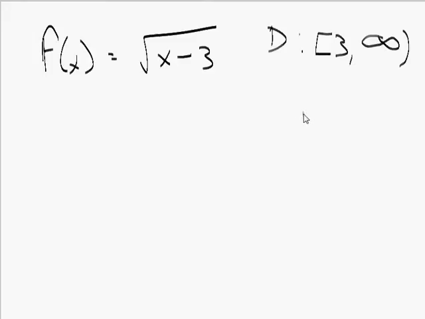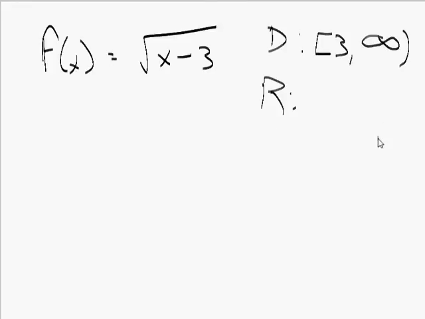Okay, range. We know the lowest value of our range is 0. So would it be 0 in brackets, 3 in brackets? But that implies that it's everything between 0 and 3, and that is not right. It's everything between 0 and what? 0 and infinity.